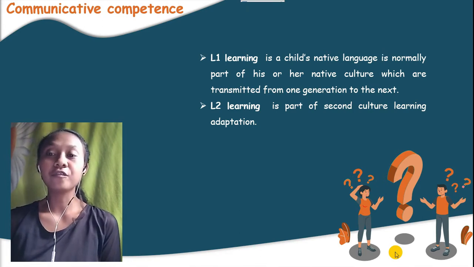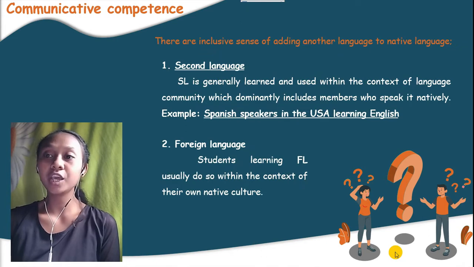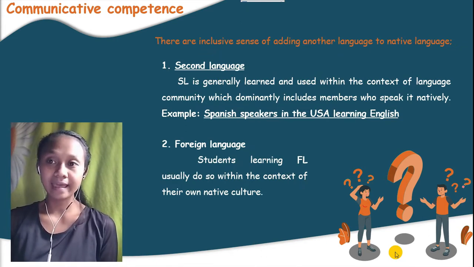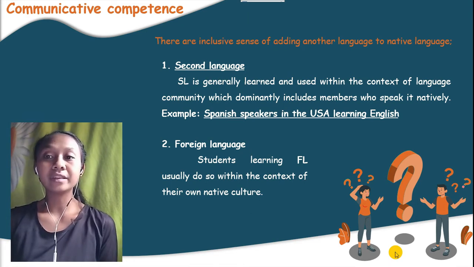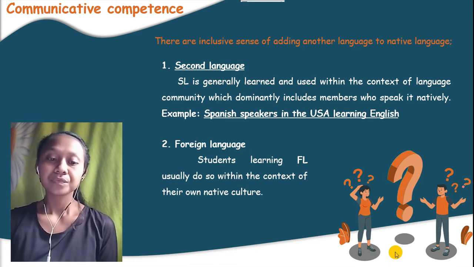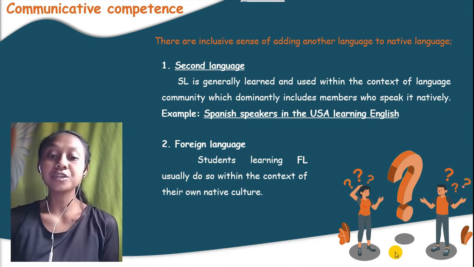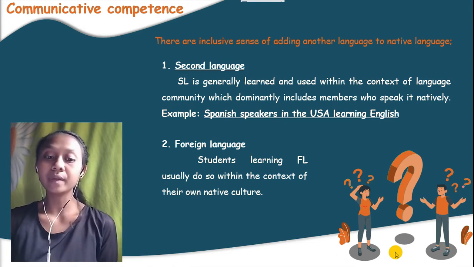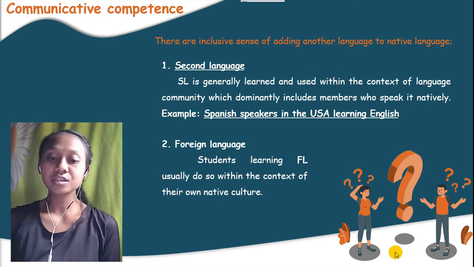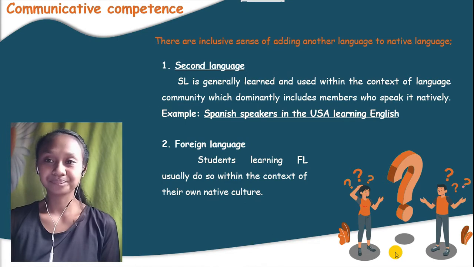And the second is about foreign language. Students learning a foreign language usually do so within the context of their own native culture. The native language is acquired during early childhood, normally beginning before the age of about 3 years.